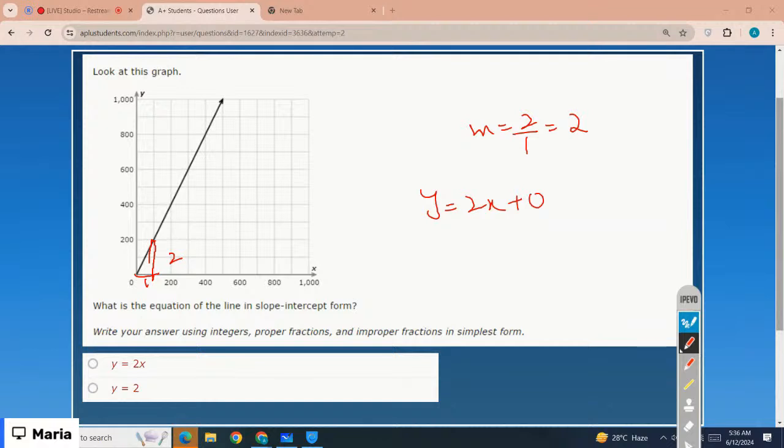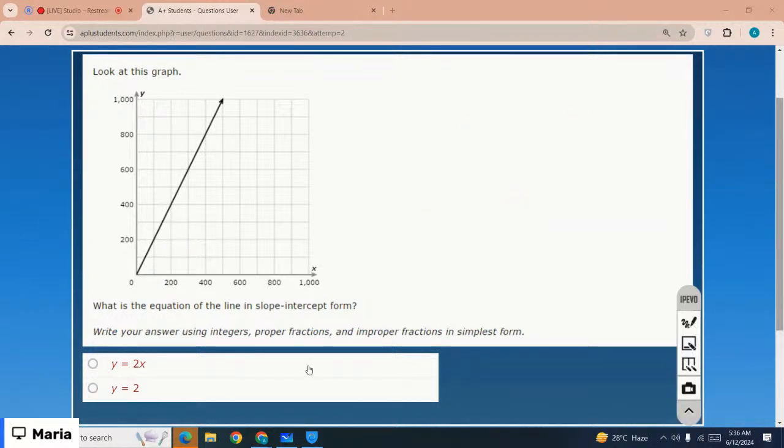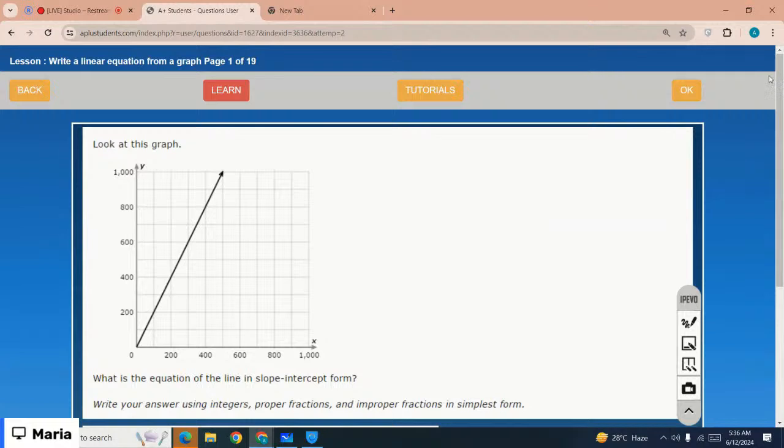Okay, let's move on to the next example. Option number 1 is the correct option, that is y equals 2x.